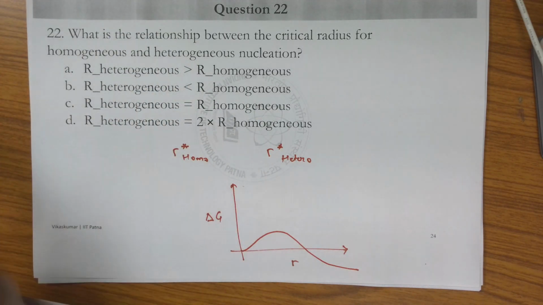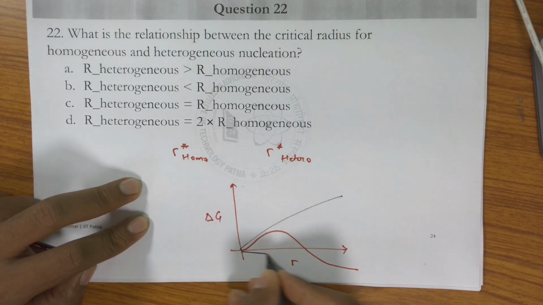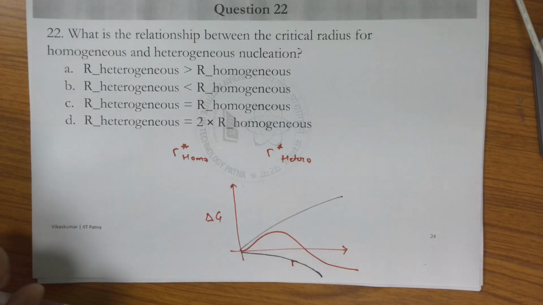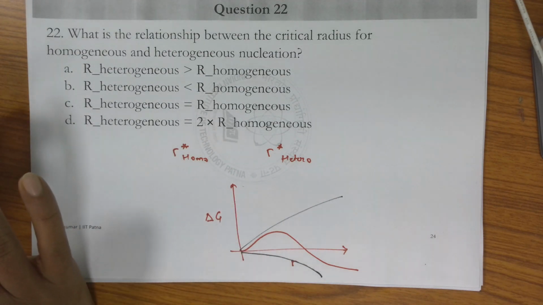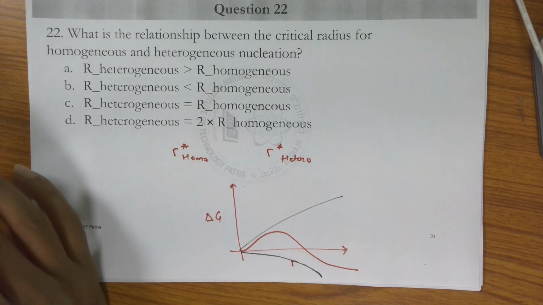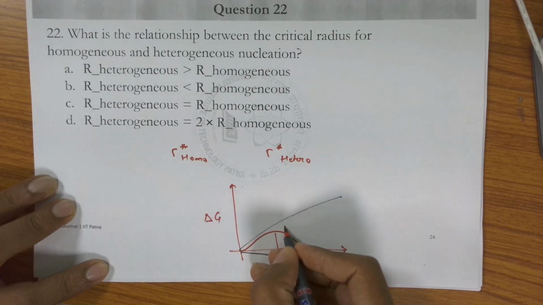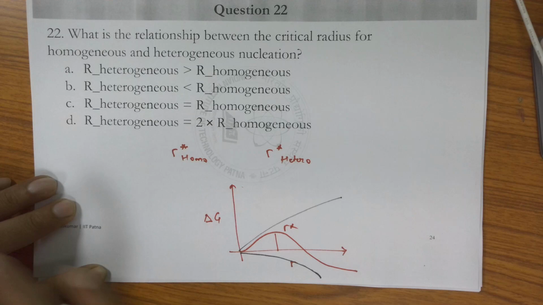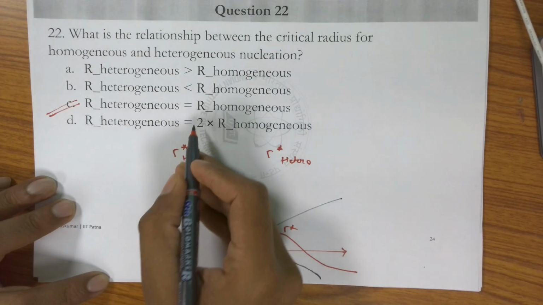They are independent of the nucleating site. Whether nucleation is happening by homogeneous or heterogeneous nucleation, it's not going to affect the critical radius. So in both cases, this R star will remain unaffected. Here we can say that option C will be the right answer. They will be exactly equal to each other.